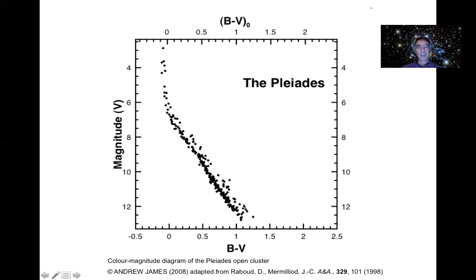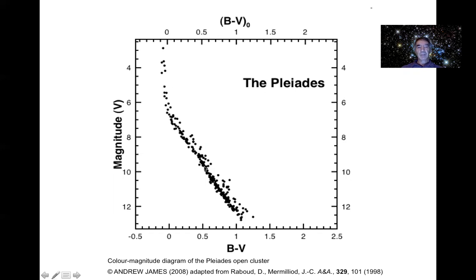The ones down here will be cooler and less luminous. The ones at the top left will be the higher mass stars, and down here will be the lower mass stars. This is apparent magnitude, so in fact these data points up here are the 7 sisters. These are the bright naked eye stars, so you can see that they're all about 4th magnitude or so, easily visible with the naked eye.